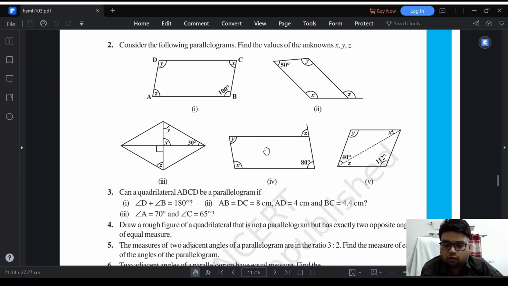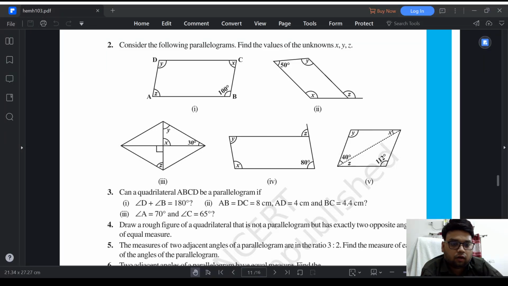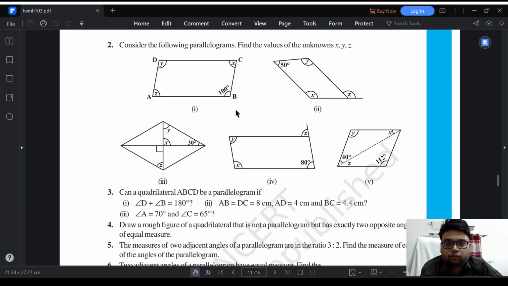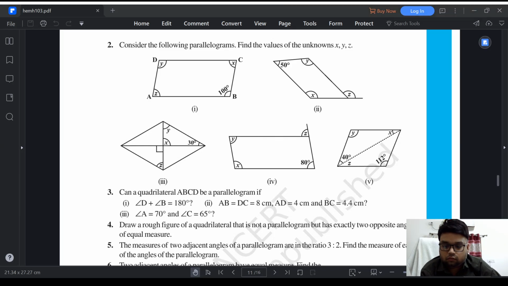Let us solve on a fresh page for your better clarification. What they are trying to explain here is, now look at this.